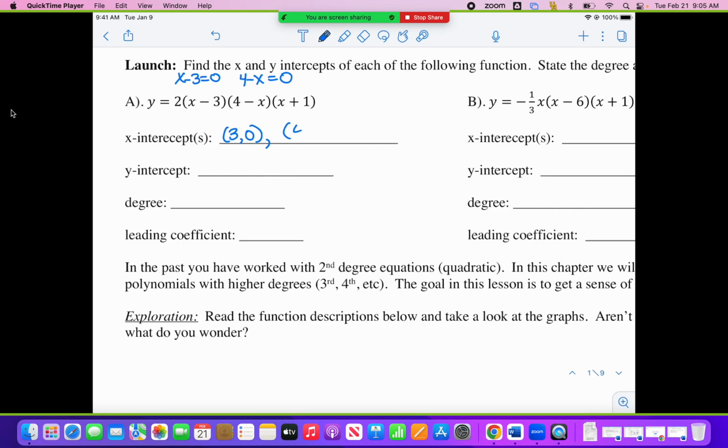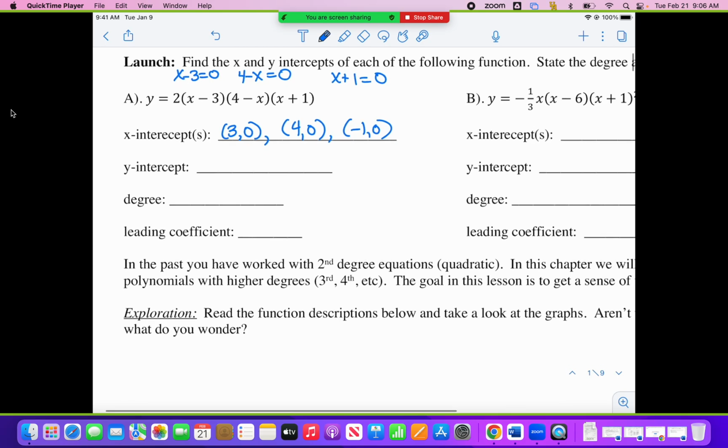Yeah, it's 4. Thank you, William. And then what you do to find x-intercepts is you set the factors with x equal to 0, okay? And Matthew, how do you find a y-intercept? Set all x's equal to 0. Good job. You're going to set all the x's equal to 0.